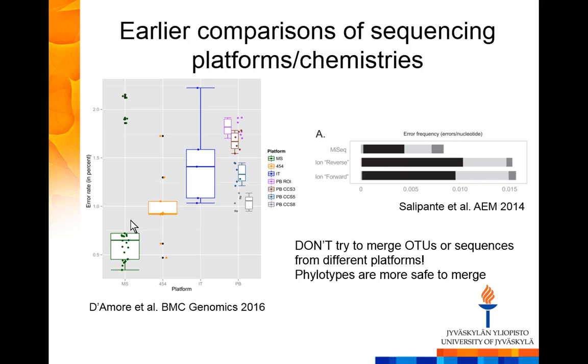There you had a lot of people saying: we use MiSeq, don't use anything else except MiSeq, MiSeq is good, and definitely don't use Ion Torrent PGM because the data quality is not good enough.